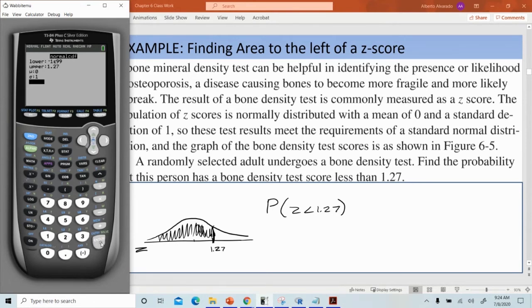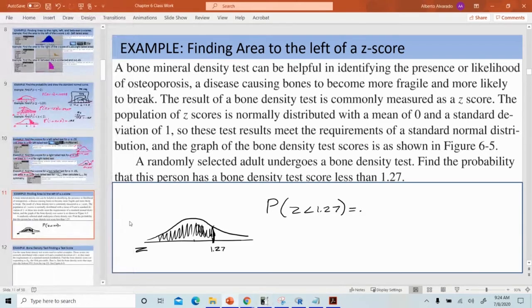Okay, and then push enter, and I have an answer, 0.898. That's it. So the probability that somebody has a z-score bone density test of less than 1.27 is 0.89808.